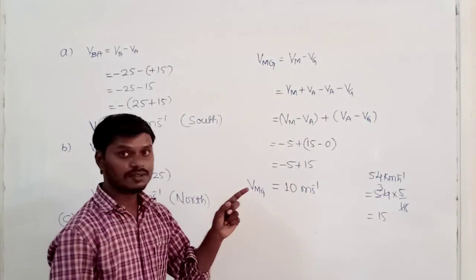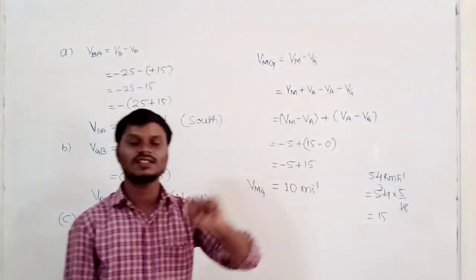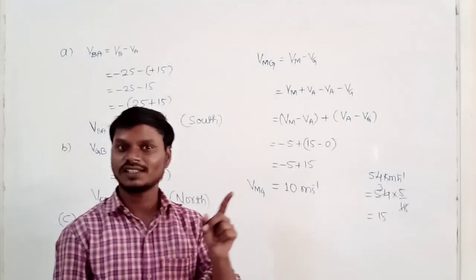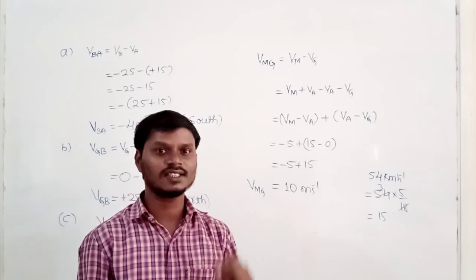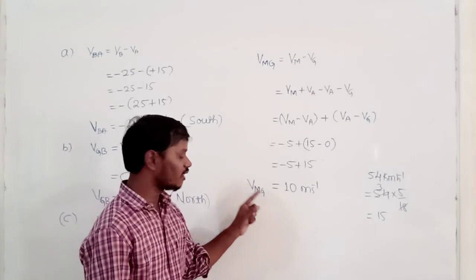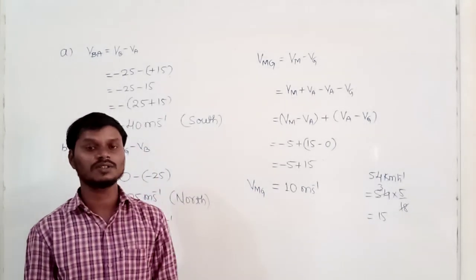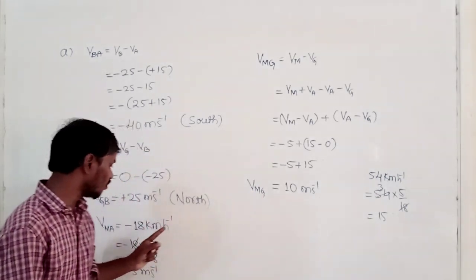According to the man standing on the ground, the monkey is moving in which direction? North direction. Why? Because train A is moving in north direction, so the monkey is also moving with train A. That is why the monkey is moving in the north direction with respect to the man standing on the ground. But the monkey is moving in the south direction with respect to train A. Because when train A goes in north direction, the monkey goes in south direction with respect to train A. A man standing on the ground sees the monkey going along with the train.